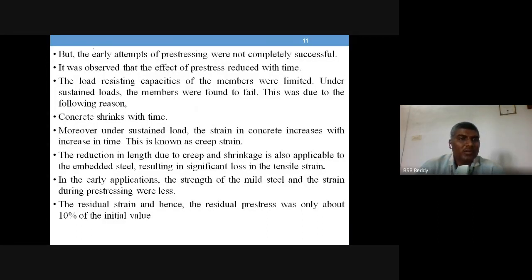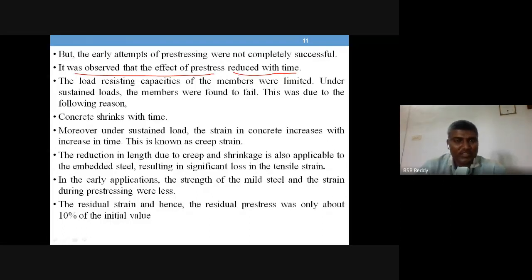successful because of the following reason. What could be the reason for the failure of the early attempts of pre-stressing? It was observed that the effect of pre-stress reduced with time. So there is a time factor involved, which means, for example, we have induced 100 megapascal compressive stress in the concrete.